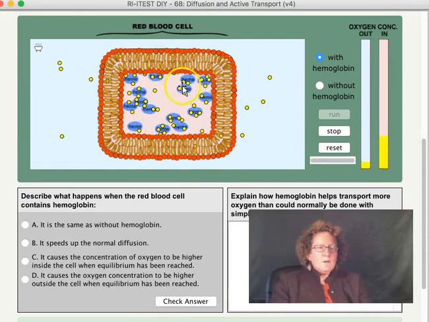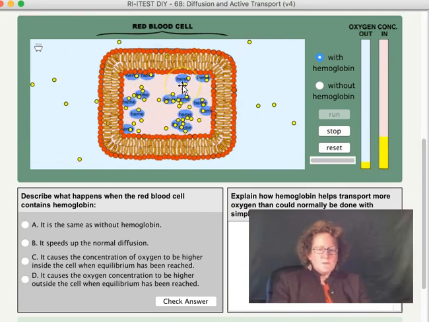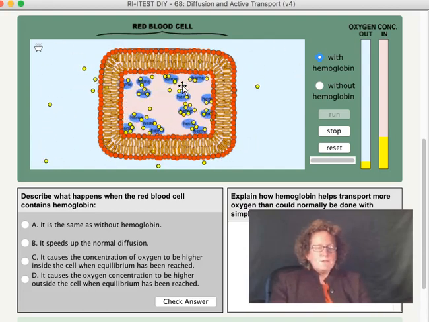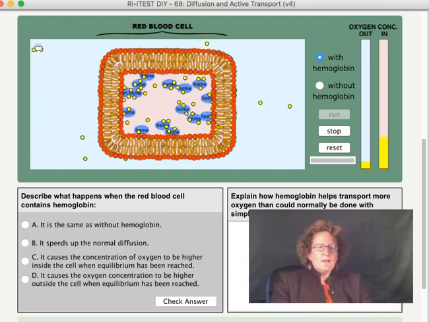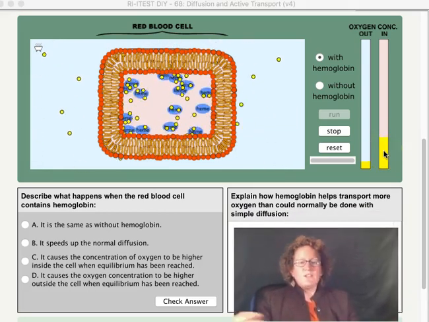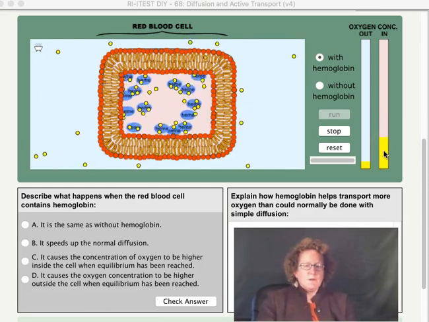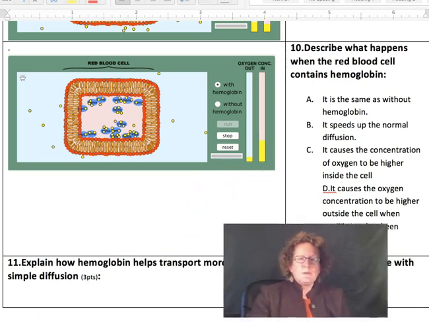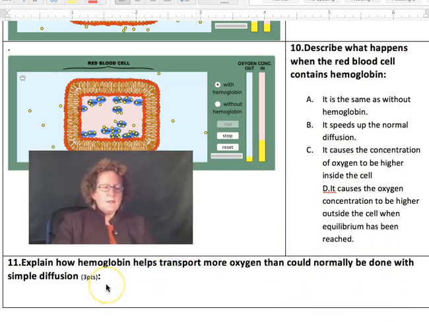And look at hemoglobin kind of hanging on to a whole bunch of oxygen so that the concentration of oxygen inside the cell is greater than outside the cell. In other words, you get to kind of cheat equilibrium by using hemoglobin. So at this point, you should be able to answer question number 10 and question number 11 on your lab sheet.